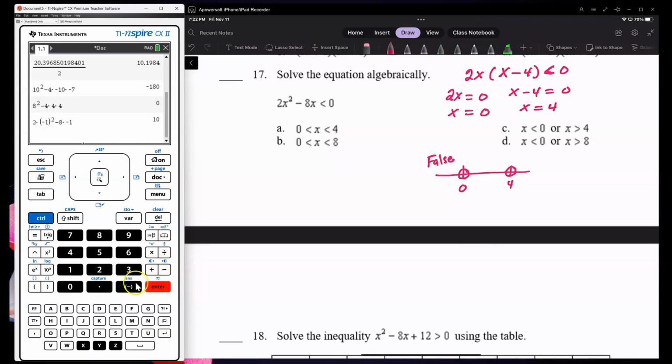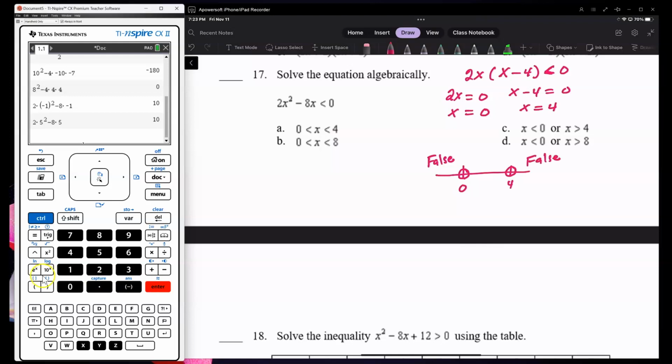So now I'm going to check numbers that are to the right of 4. In this case, it's 5. So I have a 2 parentheses 5 squared minus 8 times 5, and that's also false.